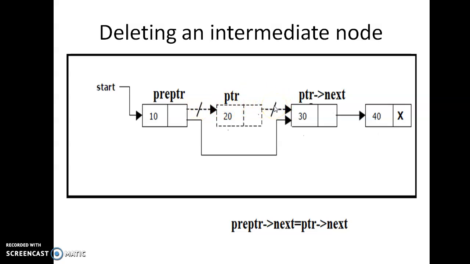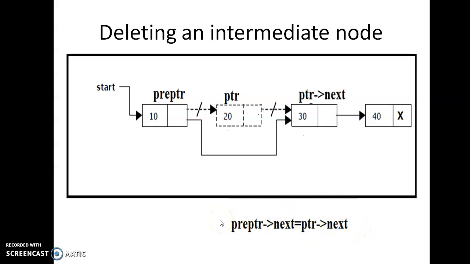How am I removing these two links? Pre-PTR of next, previously it is pointing to the PTR, now it will be pointing to the PTR of next. Automatically this link will be removed and this link will be removed. So the only activity that we are performing is pre-PTR of next pointing to the PTR of next.